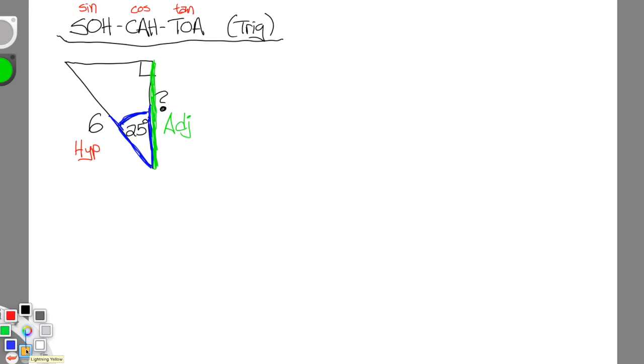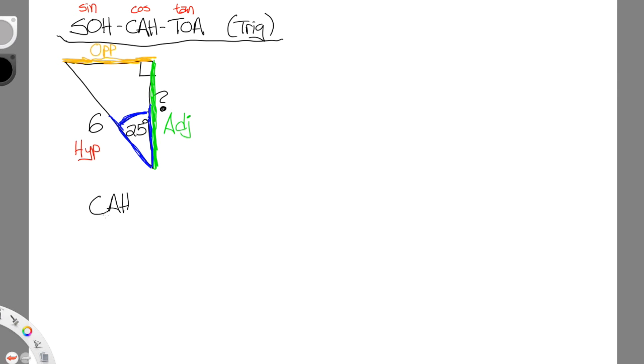This other one that I'll color in orange, yellow, whatever color it is over here, this side over here is on the exact opposite side of the triangle from the angle we have. So this up here would be the opposite side. But we have the hypotenuse, and we want to find the adjacent. So we need to pick which one of these has adjacent and hypotenuse in it. So that would be CAH.